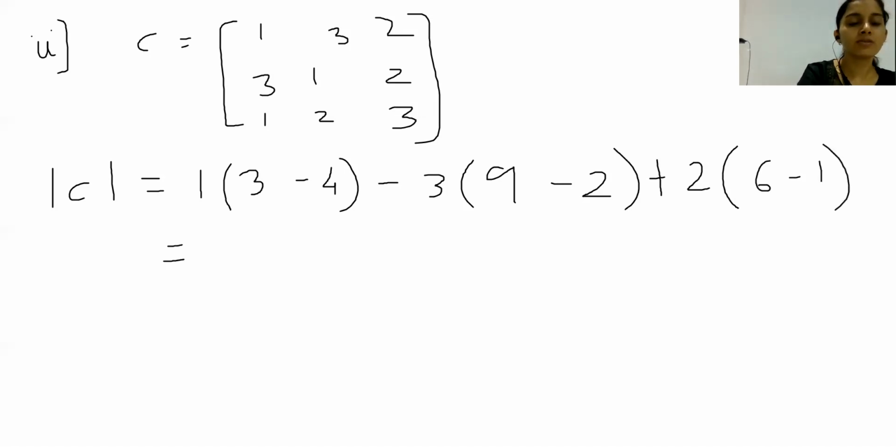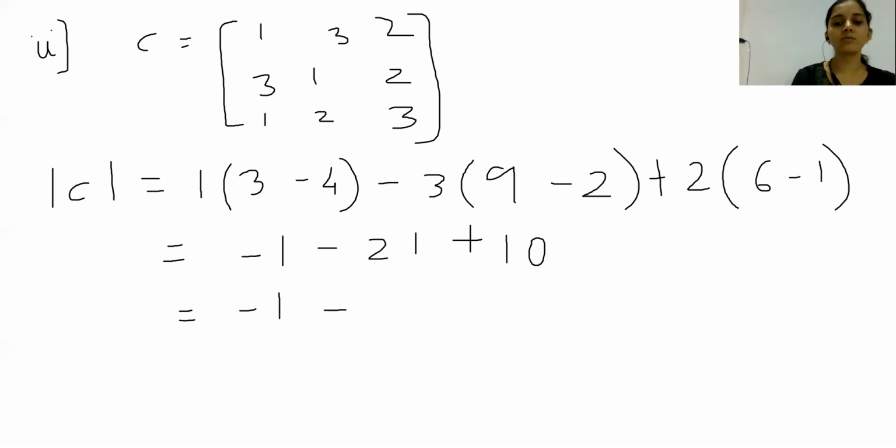So we have 3 minus 4, that is minus 1, minus 3 into 9 minus 2 is 7, 21, plus 2 into 6 minus 1 is 5, so 10. Now, minus 1 minus 21 plus 10 is minus 12.